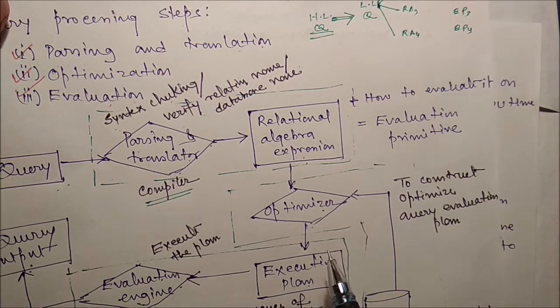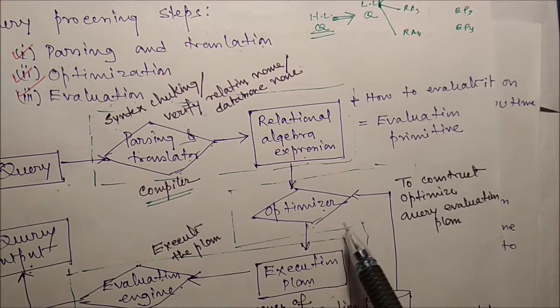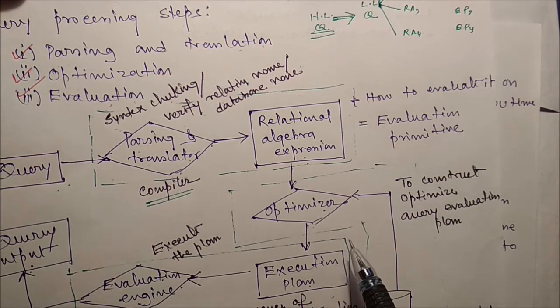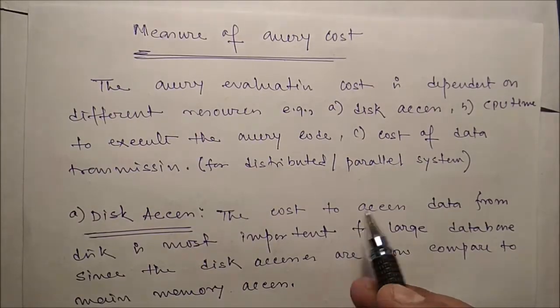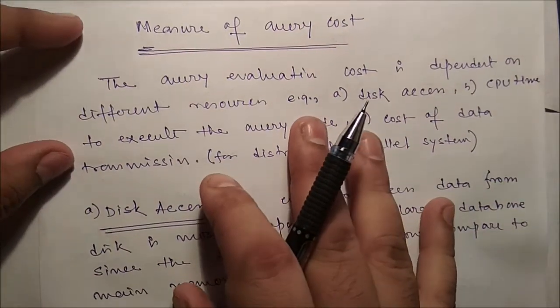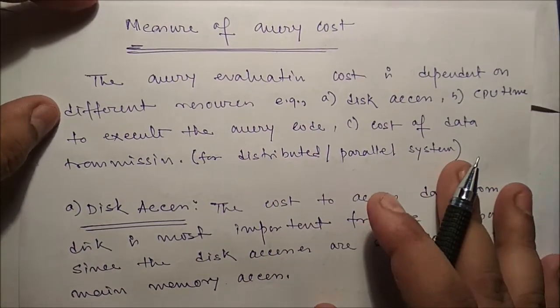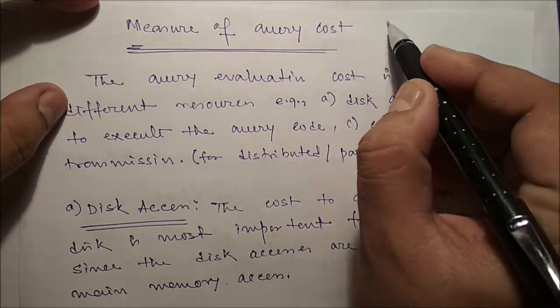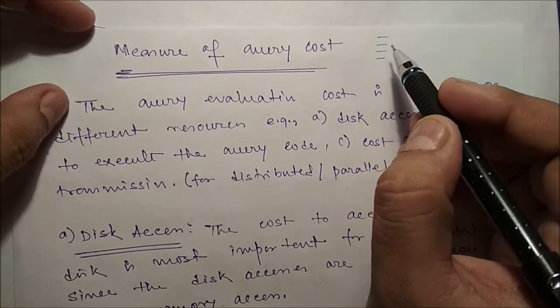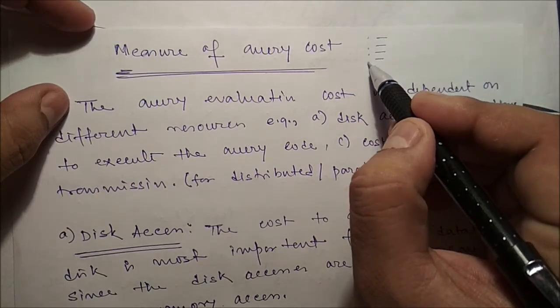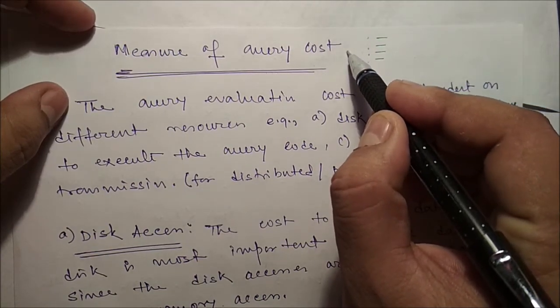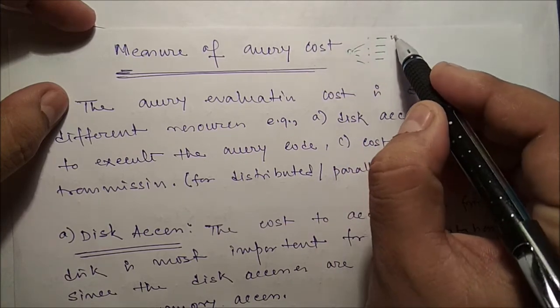So before that we have to calculate the cost of each query. Here we have to measure, in this particular part, how to measure the query cost. Say four queries are there, query 1, 2, 3, 4 for the same problem. We have to identify the best one.